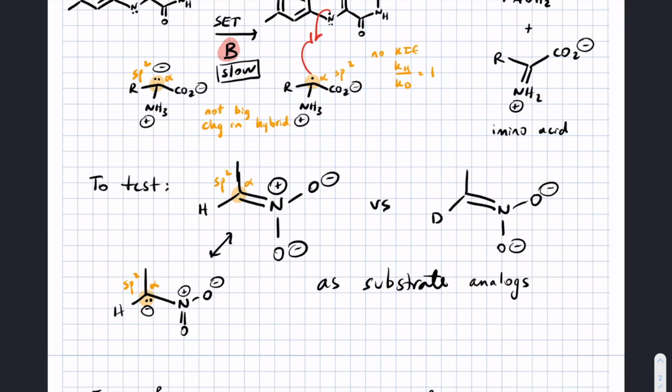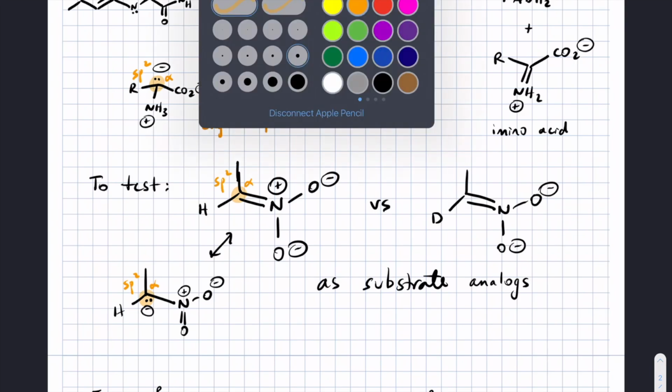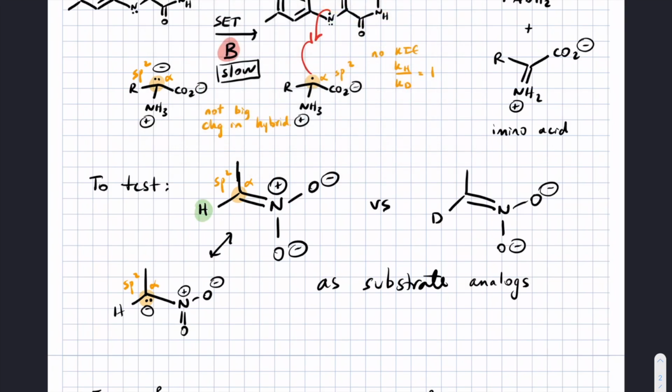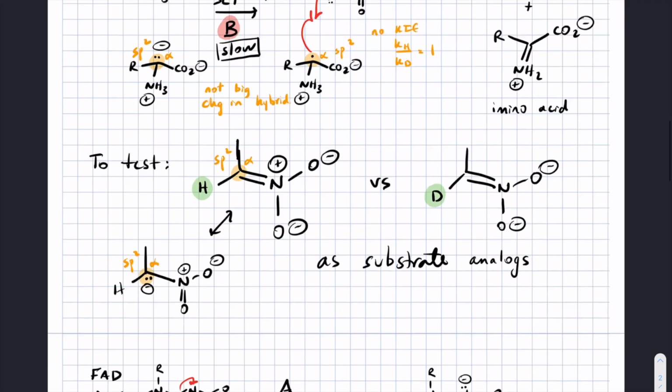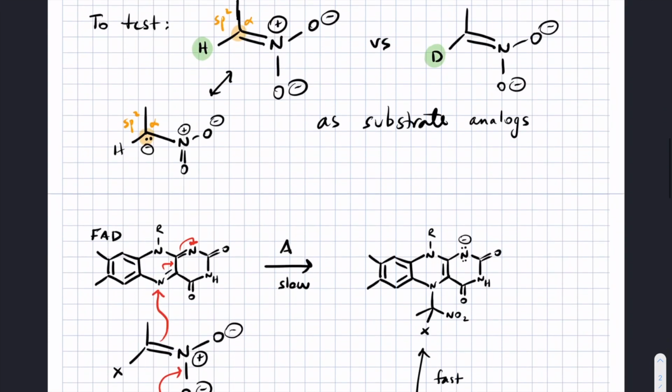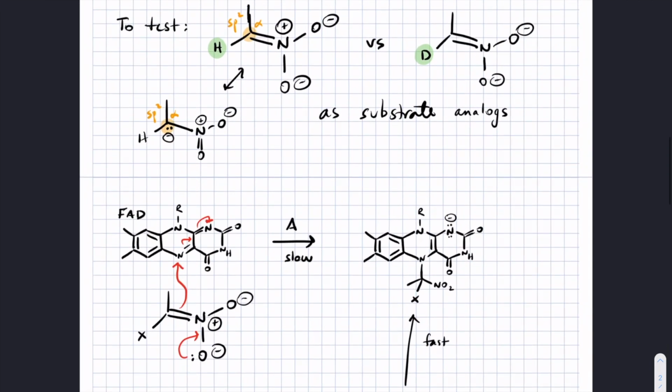And that substrate analog is nice because it's already an enolate to begin with, so you can use it as starting material in your reaction without having to worry about the first deprotonation step. And we can incorporate deuterium versus hydrogen in this molecule. So again, let me show you what the two possible pathways are.